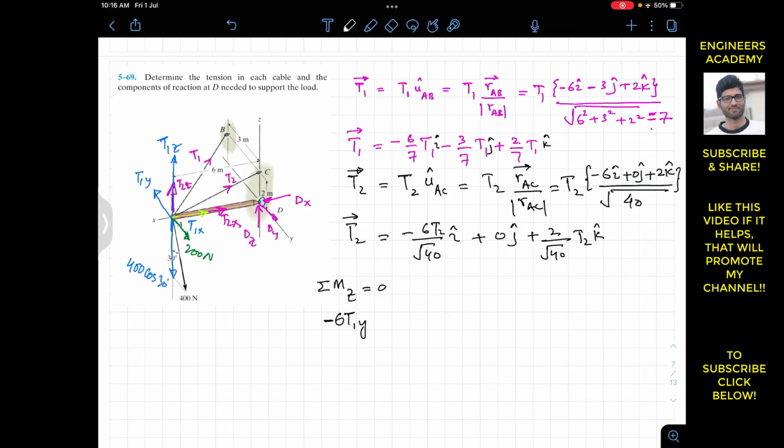You must keep in mind that we are solving this problem using the scalar approach, where the moment is determined by the force value times the perpendicular distance. So this is T1y multiplied by its perpendicular distance, and T1y is producing the moment in the negative z direction. That is why we are putting a minus sign here.